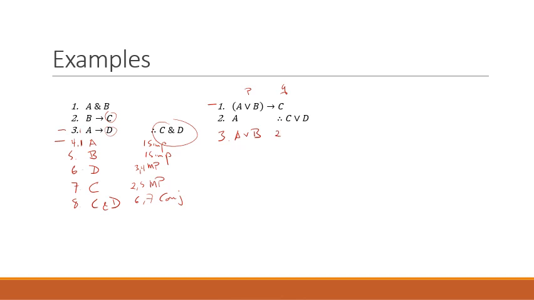to line 2. Addition allows you to add whatever you want. If it's in the argument, or if it's not in the argument, all it has to do is be a sentence in the language, and you can add it to any line that you have.